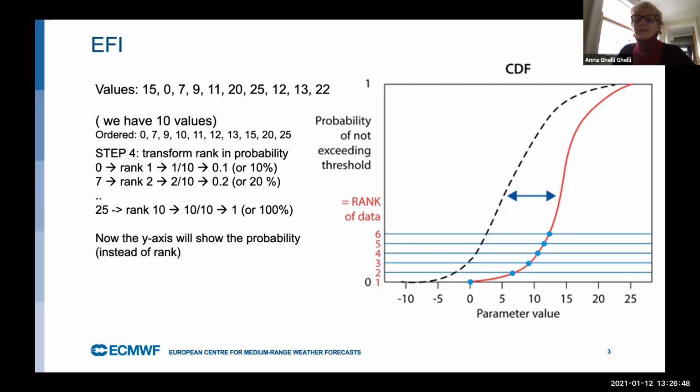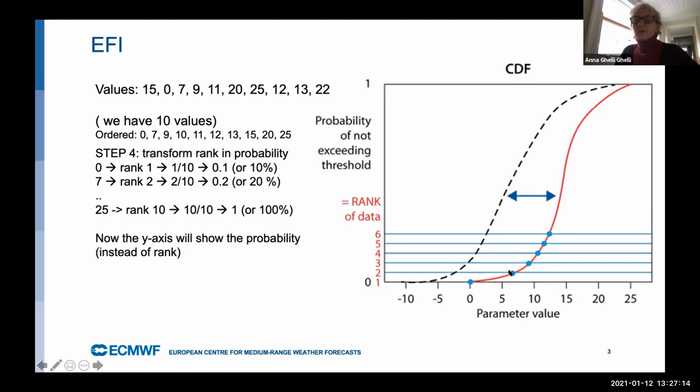So we have 20% probability of being below the value ranked 2, which is our 7, and 80% probability of exceeding the threshold of 7.